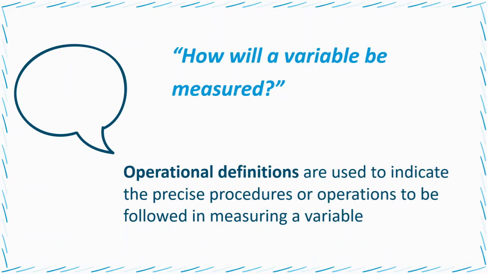Is it by their weight? Is it by volume? Is it by caloric intake? Is it time of day? Is it how many times a day? There's a lot of different measures that we could use. So we have to operationalize that. We want to define exactly what it is we're measuring and how we measured it.